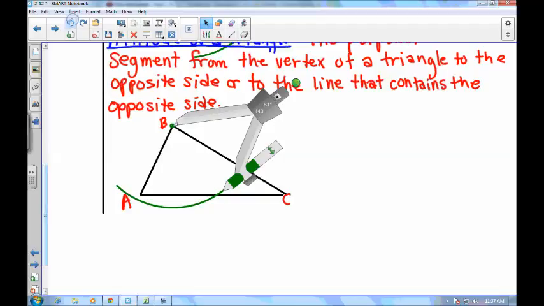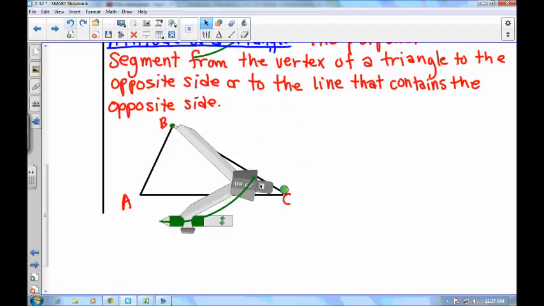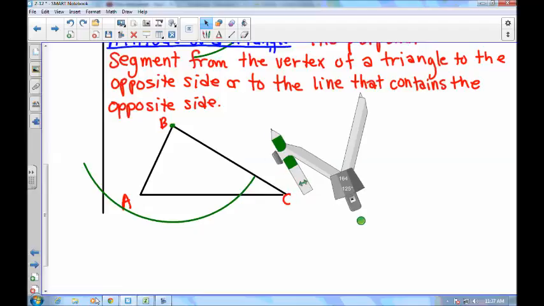All you have to do if you miss the side is take your ruler and extend AC, and then we're just looking for those 2 intersections. Okay, right here is an intersection, and right here is an intersection. So if you don't quite intersect twice, that's okay. You can just extend the line like I did.